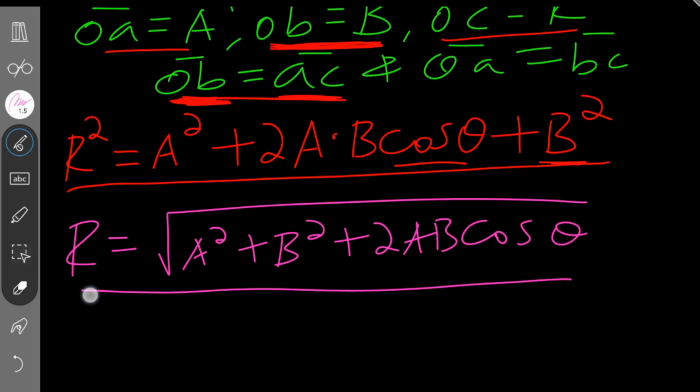By using this relation we can determine the magnitude of R.